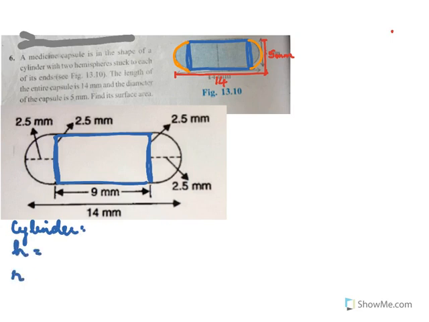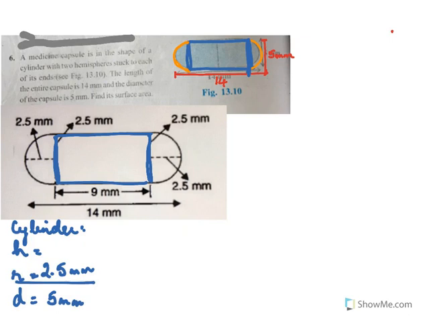However, the radius of the cylinder is 2.5 mm. How did we get 2.5 mm? Because this entire diameter was 5 mm. It was given to us that the diameter is 5 mm, so the radius will be 2.5 mm.